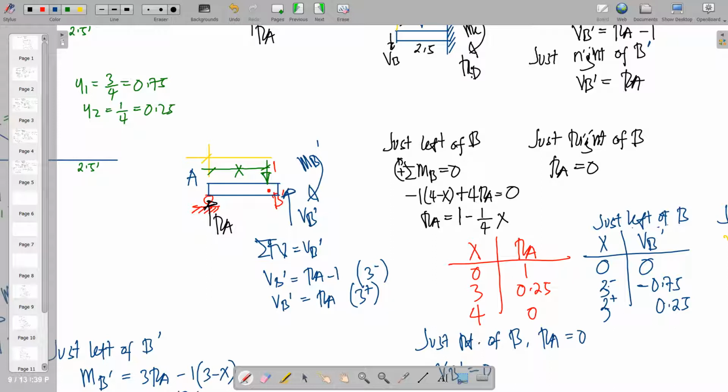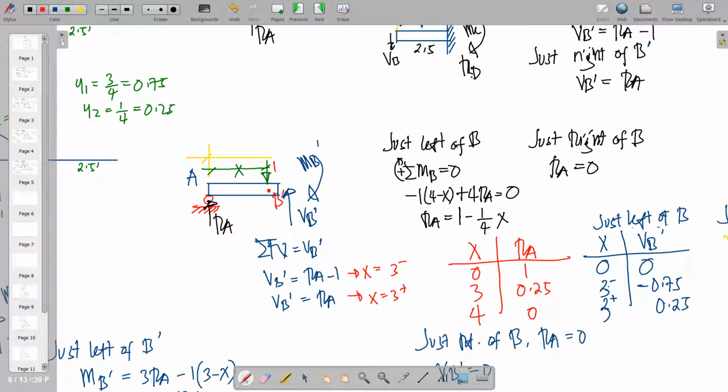So this is an equation for X is 3 minus. And this is an equation for X is 3 plus.